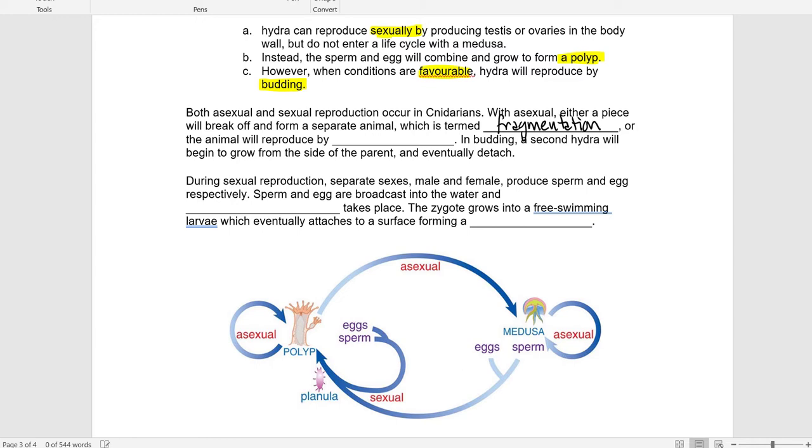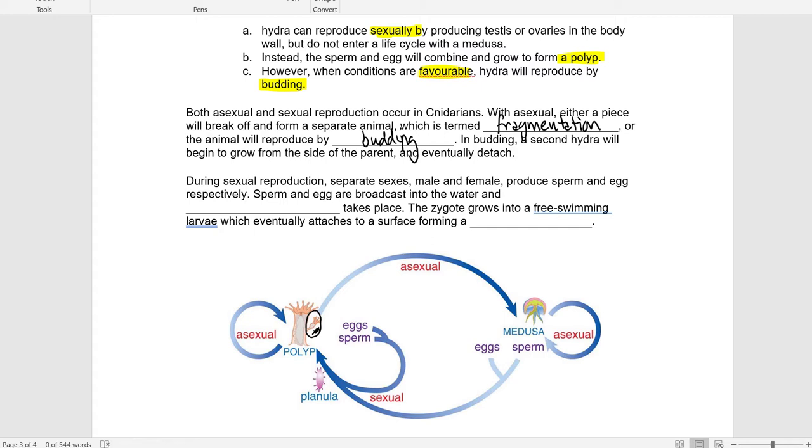With fragmentation, a small piece can break off and grow into a new animal. With budding, you can see down here, an actual copy of a smaller version of the adult grows off the side, and then that breaks off, detaches, and grows into its own polyp.